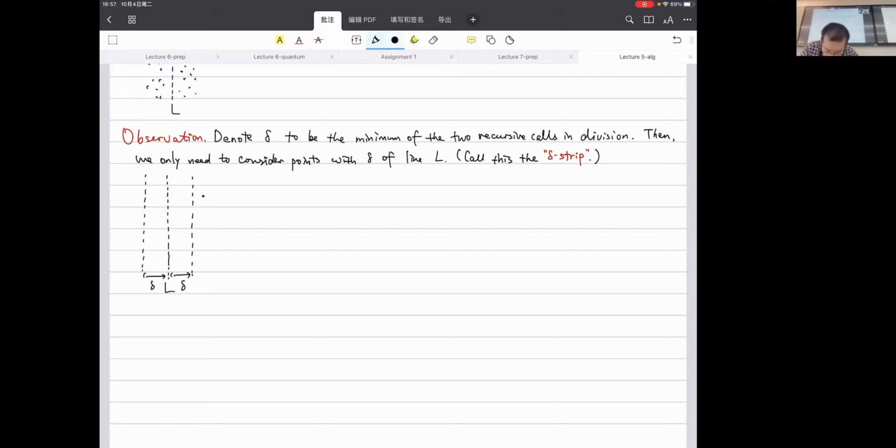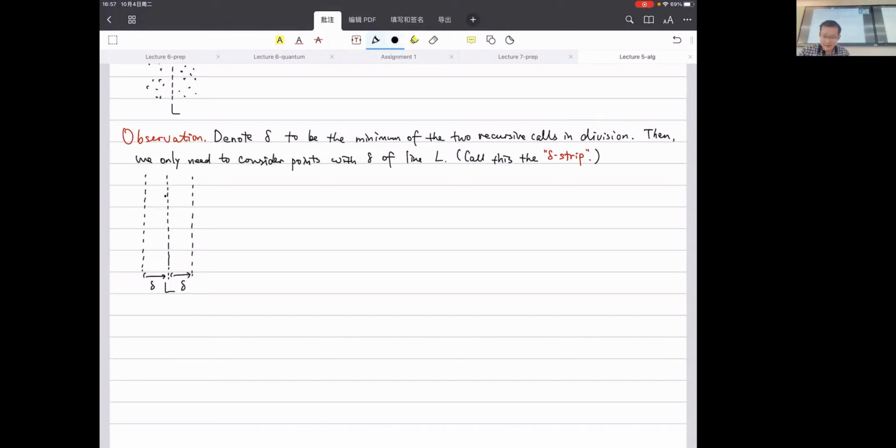Even if you have a point super close to L from the left-hand side, this is not going to bother you, because the distance between your left-hand vertex and right-hand vertex should be at least delta. I guess this should be clear. As long as you have a vertex outside this delta strip, this is really not going to bother you. So any question here?